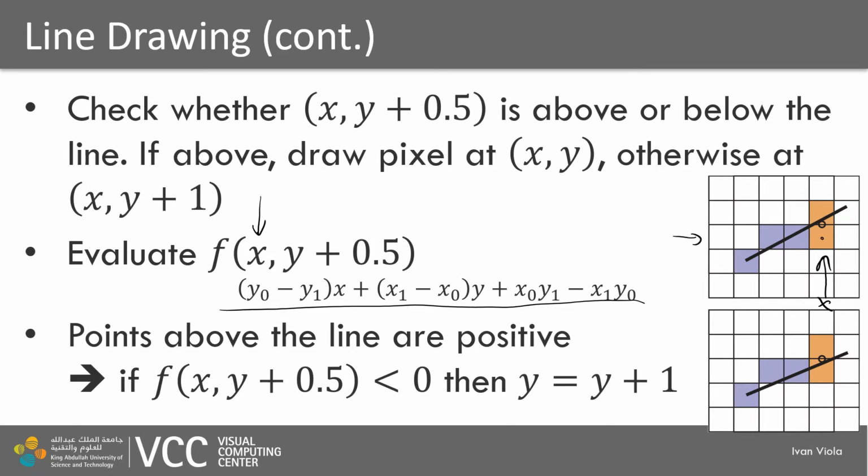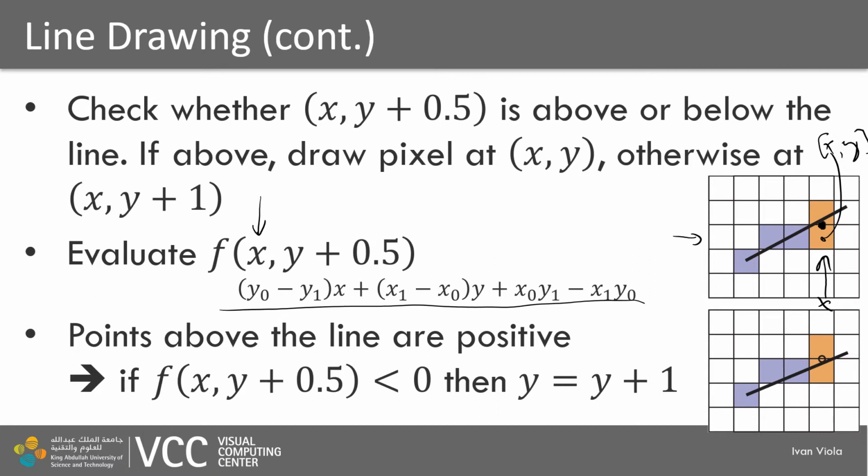So this is (x, y). Now we are adding 0.5 to y. This is the point here, just between the centers of the two pixels.